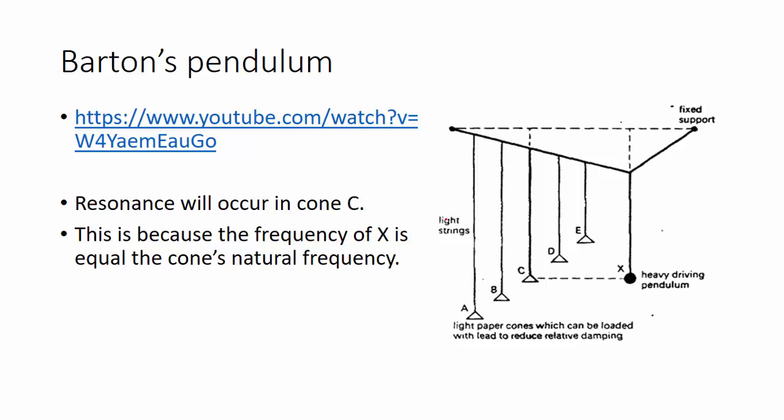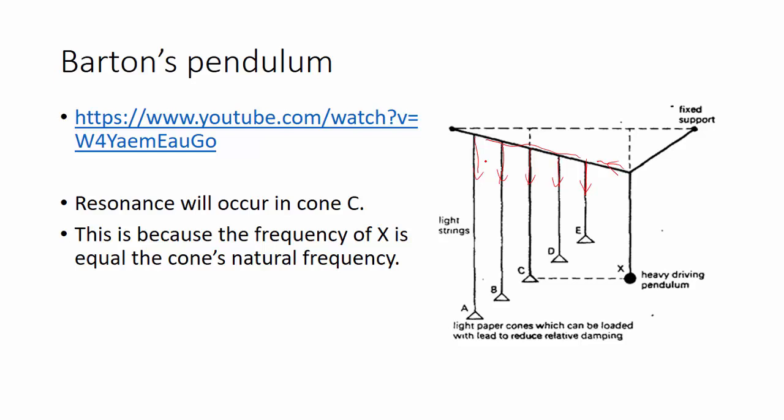We have a piece of string on the top here, and we tie a heavy pendulum on the right-hand side. When this heavy pendulum starts swinging, it is able to transfer its energy through the string on top, which vibrates and transfers energy to all the rest of the pendulums and starts them oscillating.